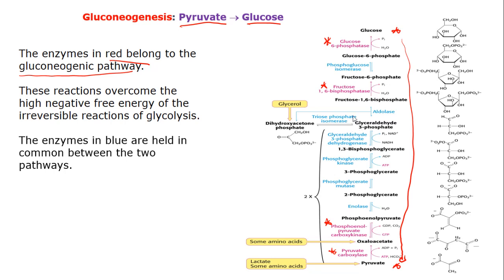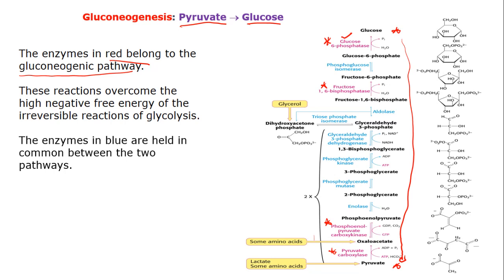So the enzymes that play a role in gluconeogenic pathway are one, this one, which is glucose 6 phosphatase, then fructose 1,6 bisphosphatase, then you have phosphoenolpyruvate carboxylase, and you have pyruvate carboxylase. Okay, so these four enzymes are playing a role in what?